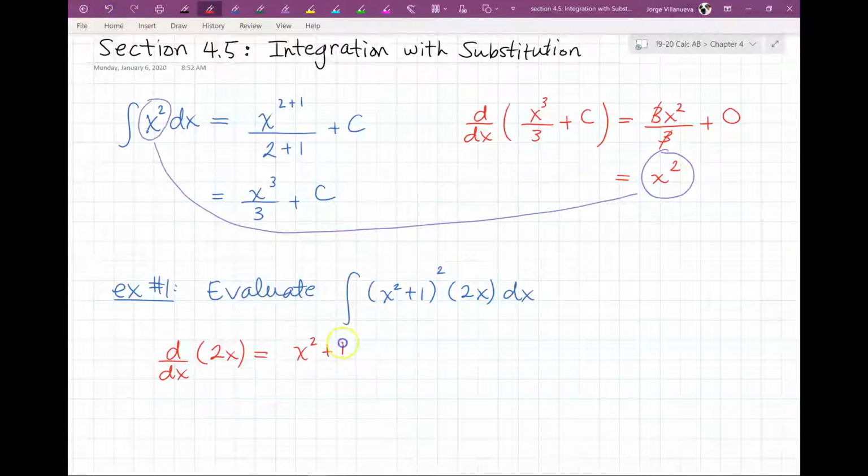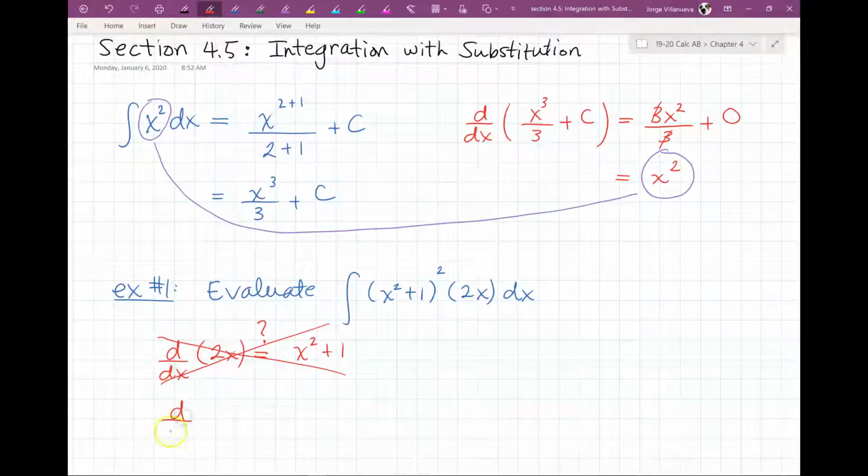Is this equal to x squared plus 1? The derivative of 2x? No. So this is not a good idea. Remember, the idea is to pick something whose derivative will give me another piece in this problem. So this is not a good choice.